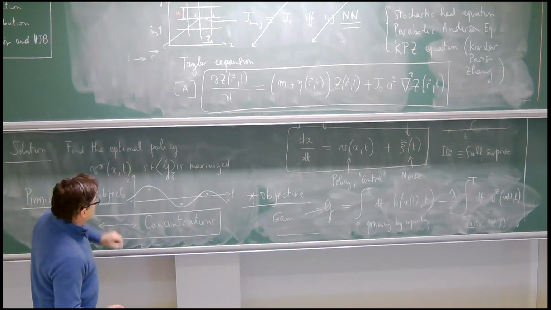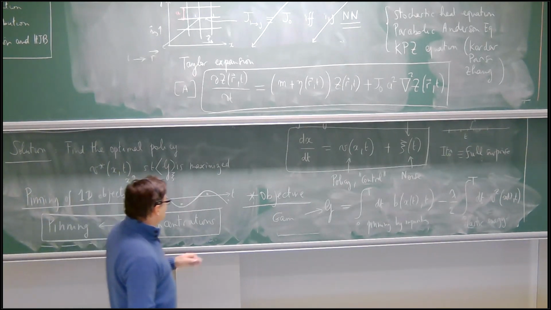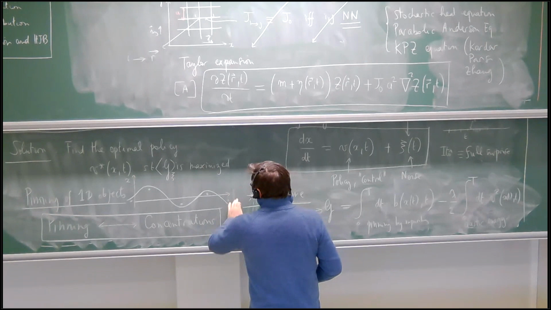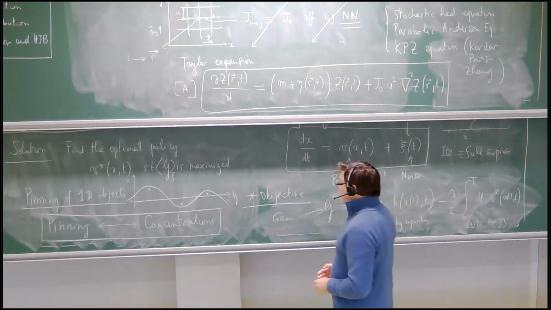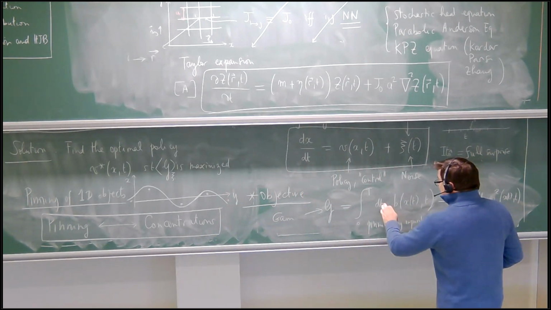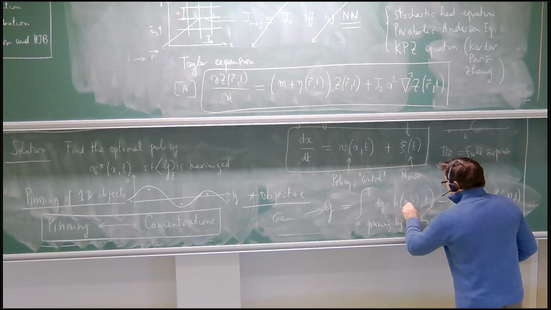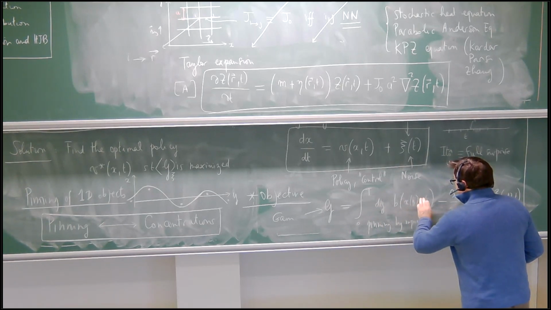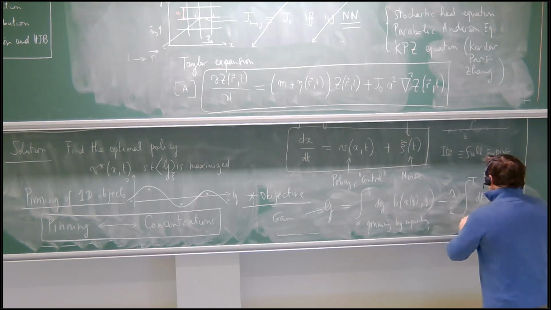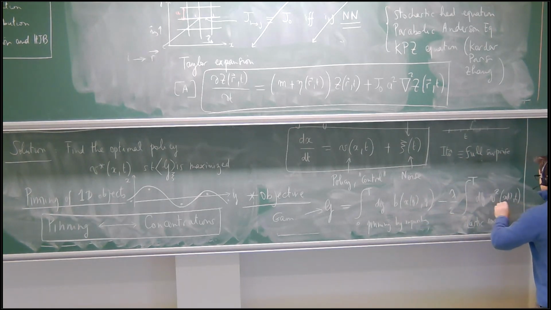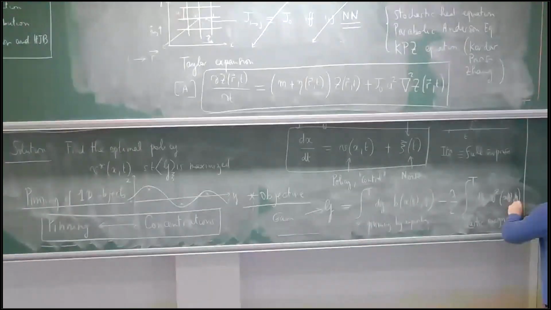And this is X. But maybe it would be less confusing to call formally this Y, and then I would get a pinning energy that would be B of X and Y, and dy X of Y and Y.